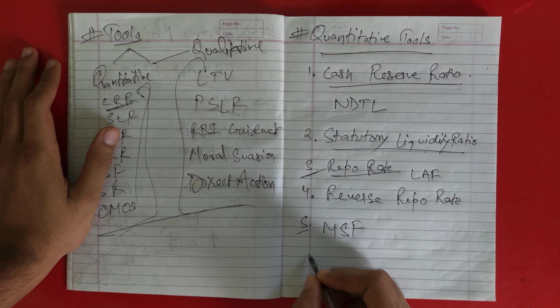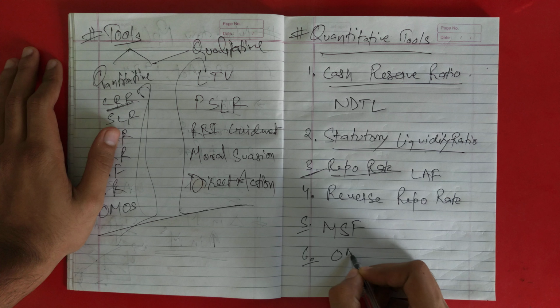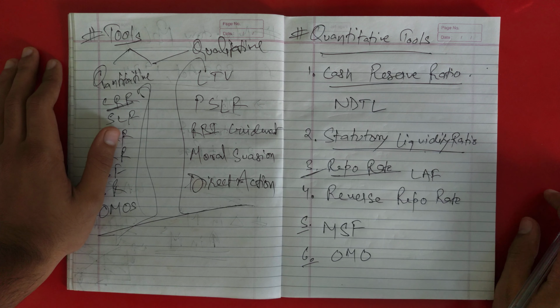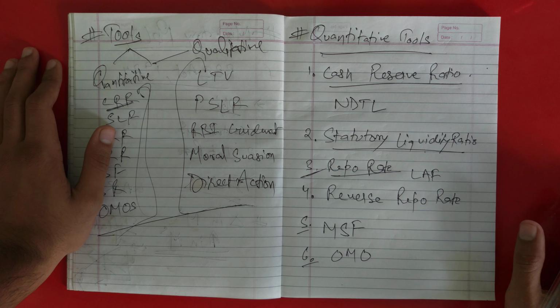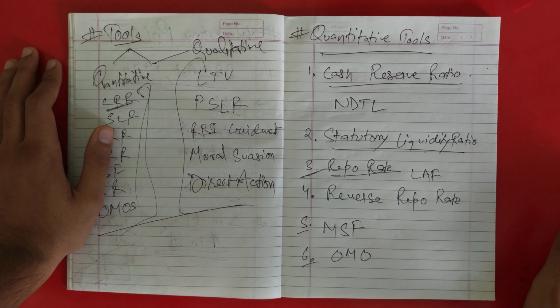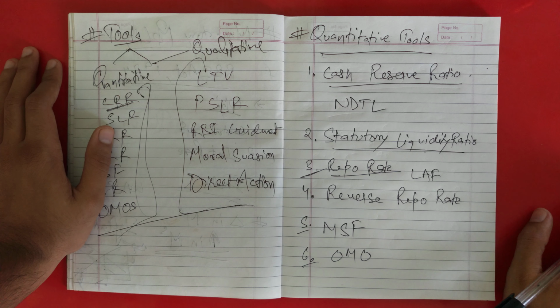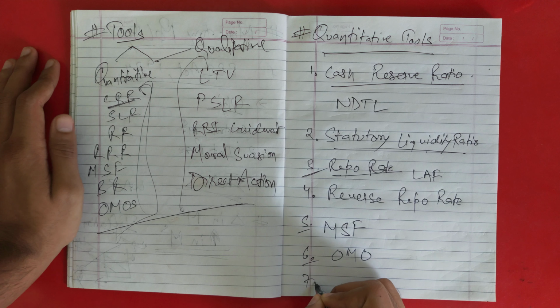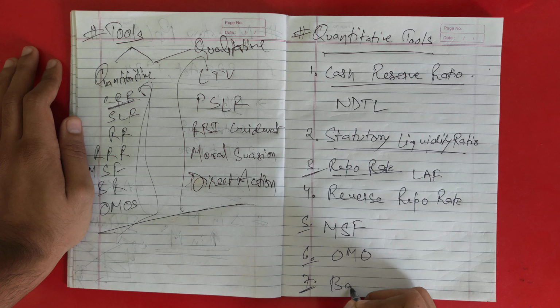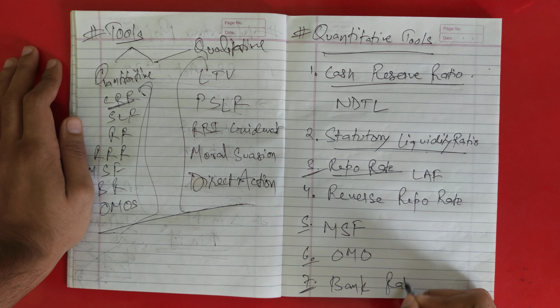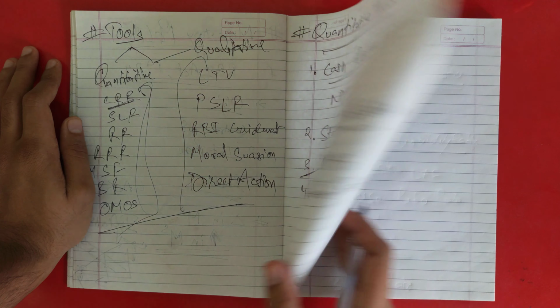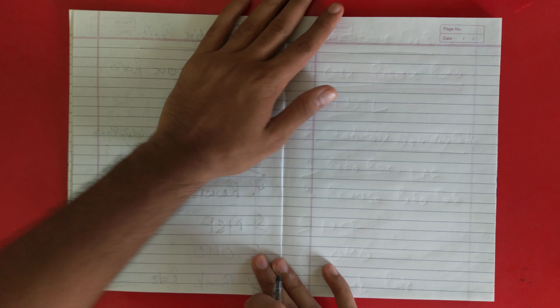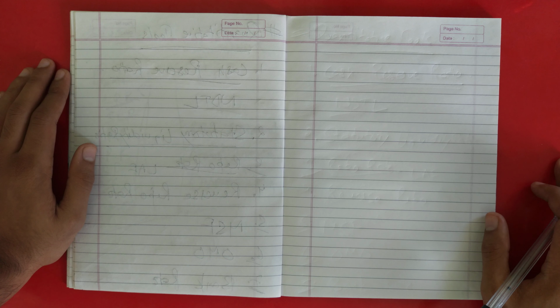Now the sixth is OMO, that is open market operation. This is very easy. It includes both outright purchase and sale of government securities or bonds for injection or absorption of durable liquidity respectively. Seventh is the bank rate. This is the rate at which the Reserve Bank is ready to buy or rediscount bills of exchange or other commercial paper.